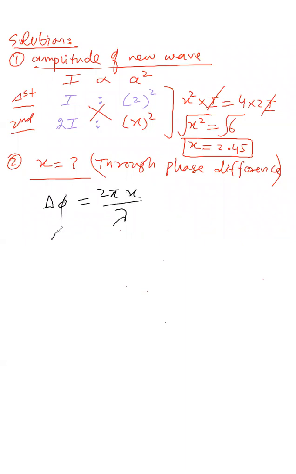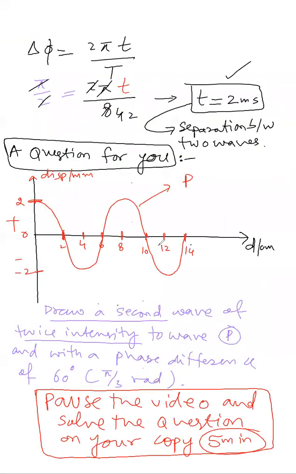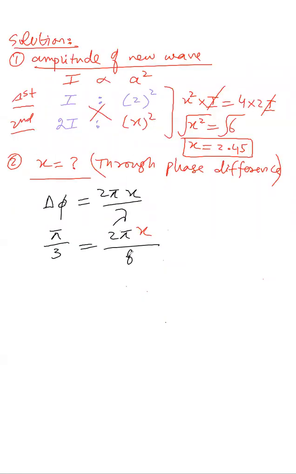So what's the phase difference? 60 degree, or it is pi by 3 in radians. So 2 pi, and x, you need to figure out how much is x. And then for lambda, if you go back, lambda is 8. So in place of lambda, you're writing 8.